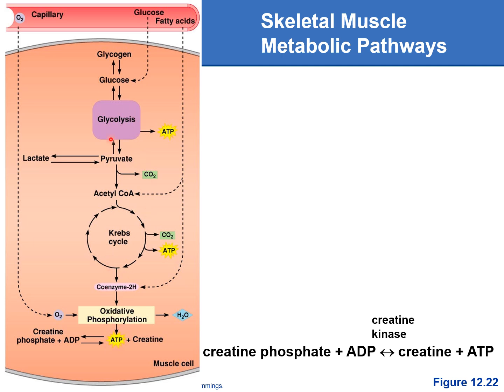And aerobic respiration, remember, you form the most ATP per glucose that way. So light and moderate exercise you can do for long periods of time. You can walk for hours, you can jog for hours.